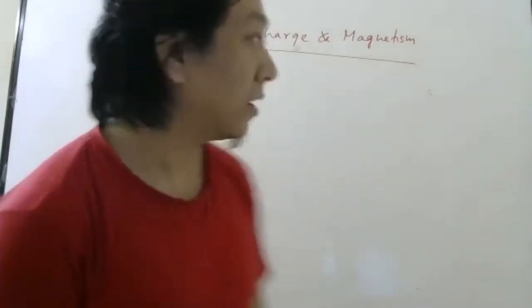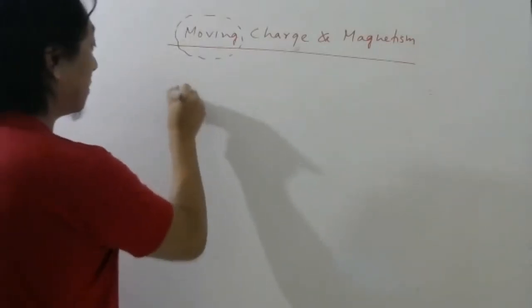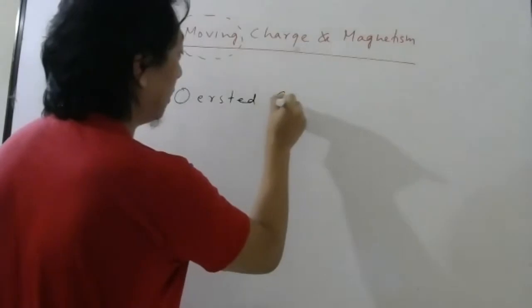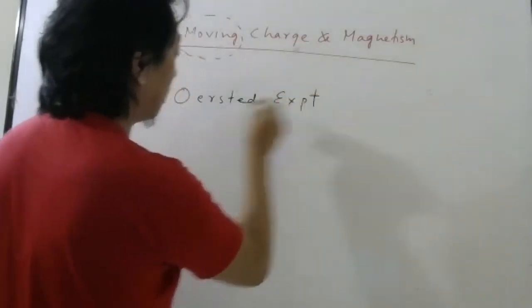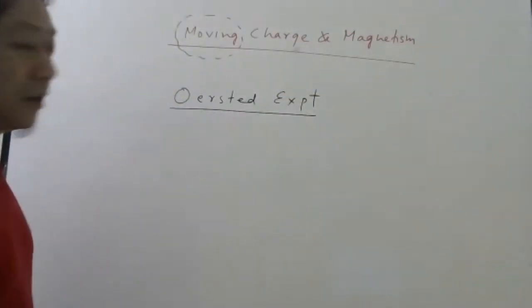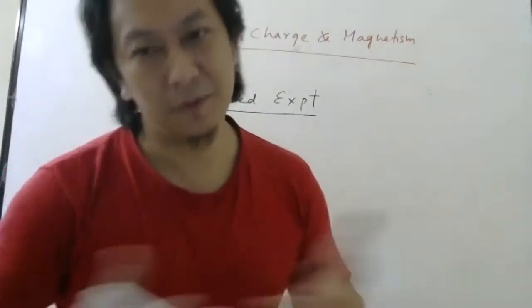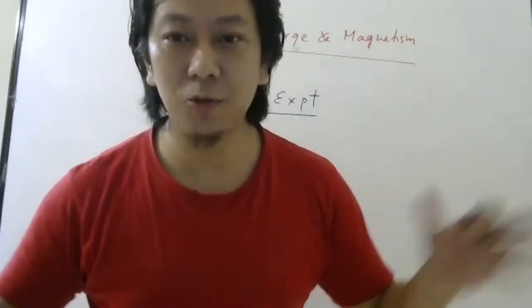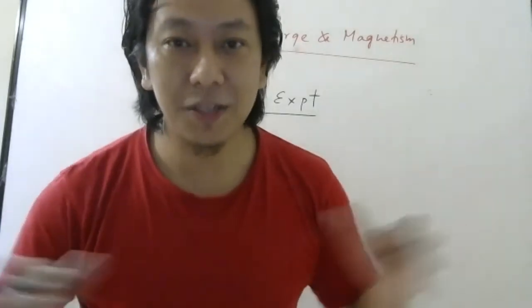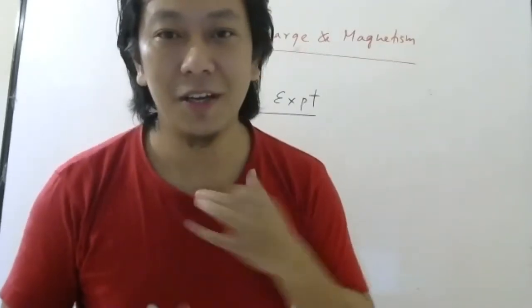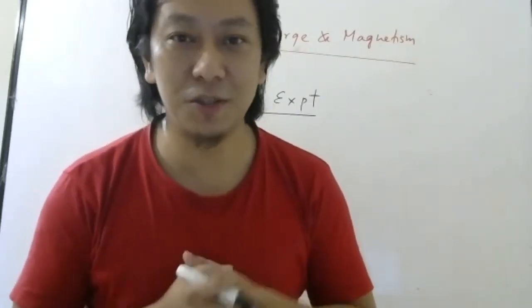However, there was a person called Ørsted who did one of the most important experiments. He was actually a teacher and scientist, and he took his students to teach about electricity, like what I did to you in the previous chapters. So he was teaching electricity to his students.